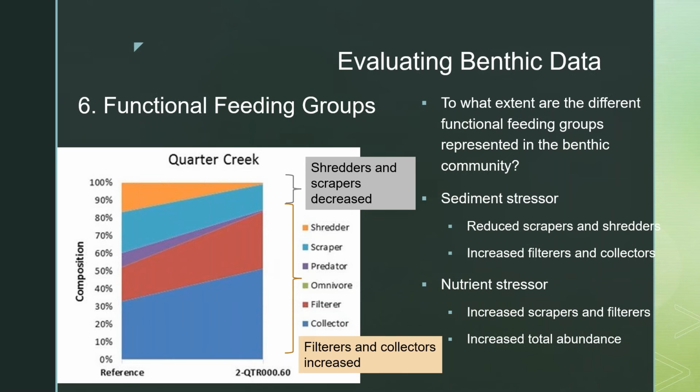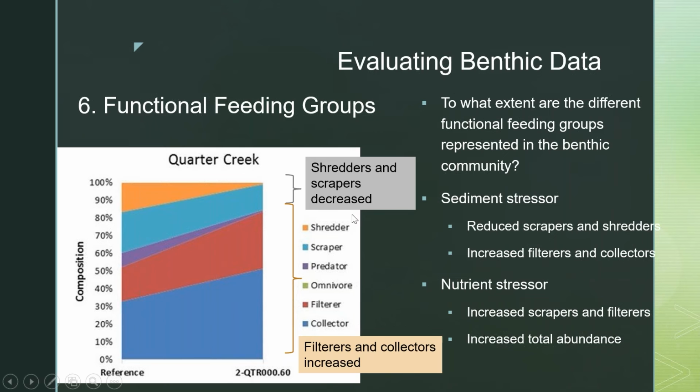So what do those two things tell us? Well, how do collectors and how do filterers get their food? Well, the collectors rummage around in the sediment, collecting things to eat. The filterers, they're filtering things out of the water column. This could be an indication of a sediment stressor.